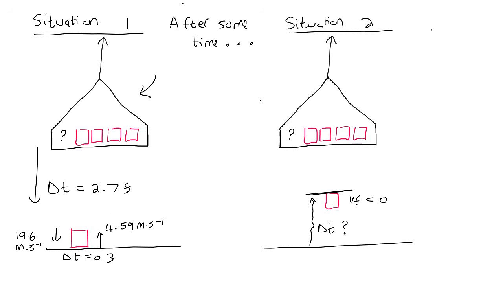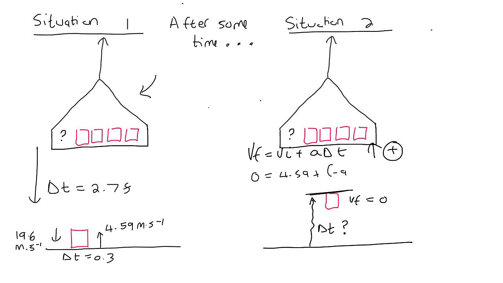So what we can do is let's work out this time over here. Now that's very easy to do. We just use the formula Vf equals Vi plus a delta t, and we're going to choose upwards as positive. And we're just looking at this little piece over here. So we know that the final velocity for this little piece is 0. The initial velocity when it leaves the ground, because remember we're only talking about this little piece, is 4.59.